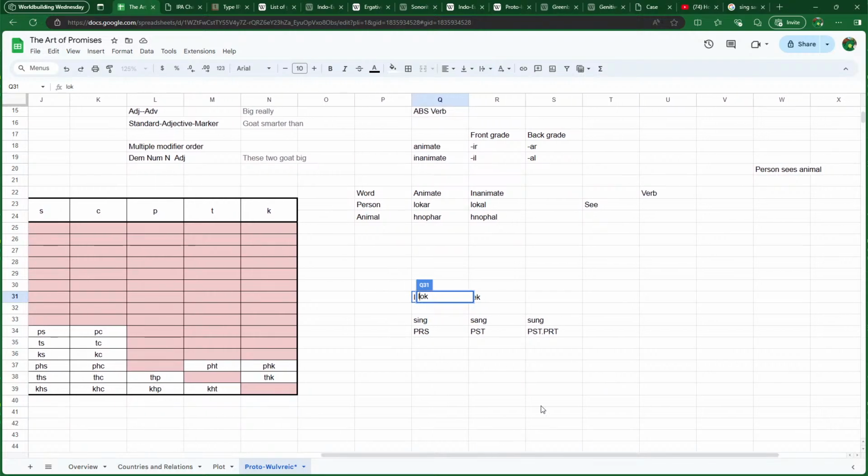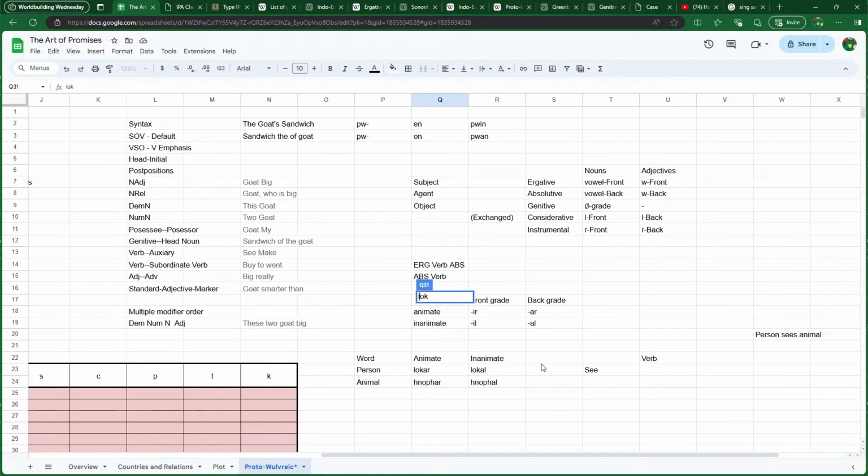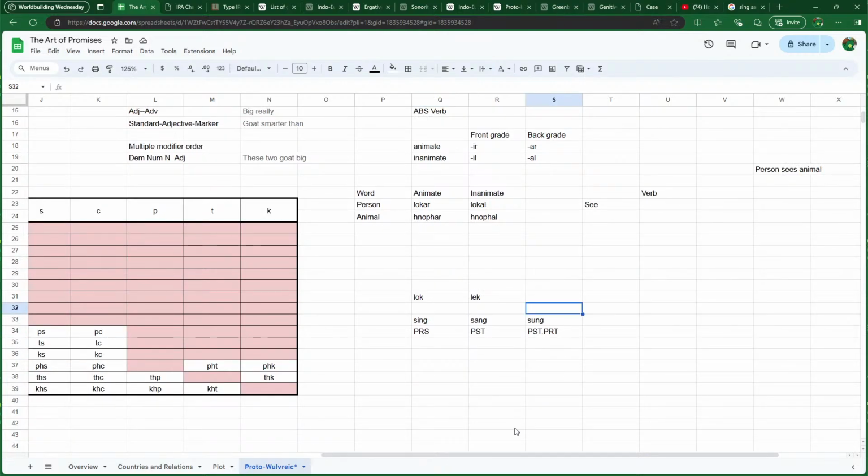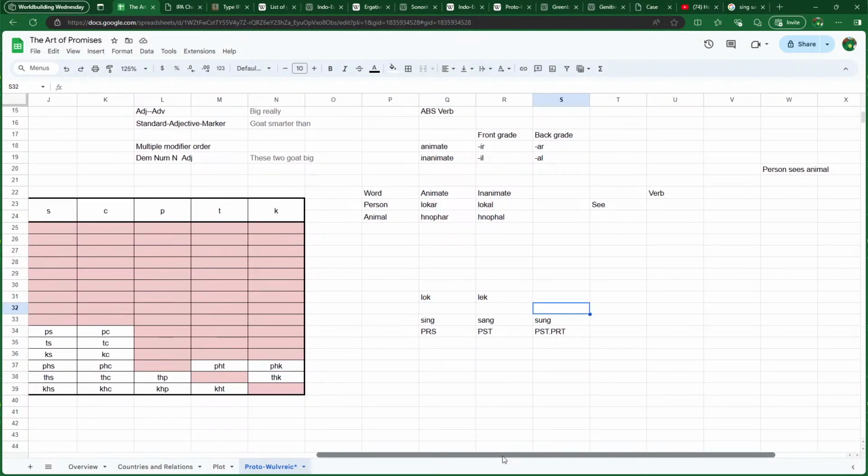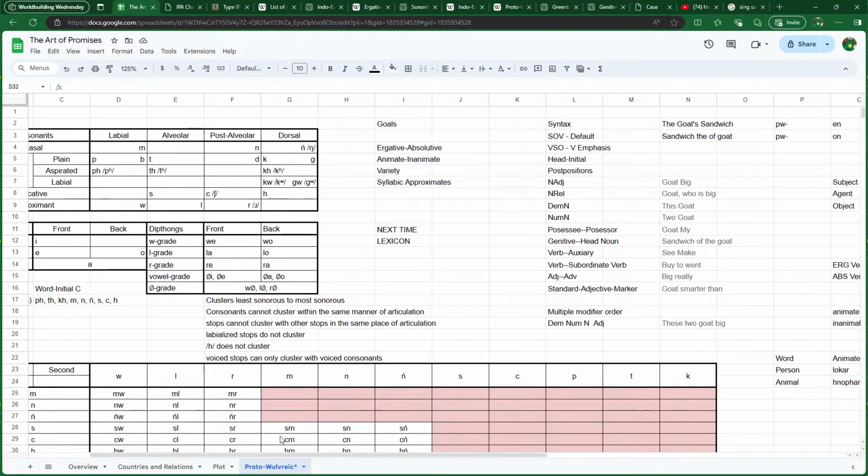That means, because it's law and law. Law. Count as back vowels.